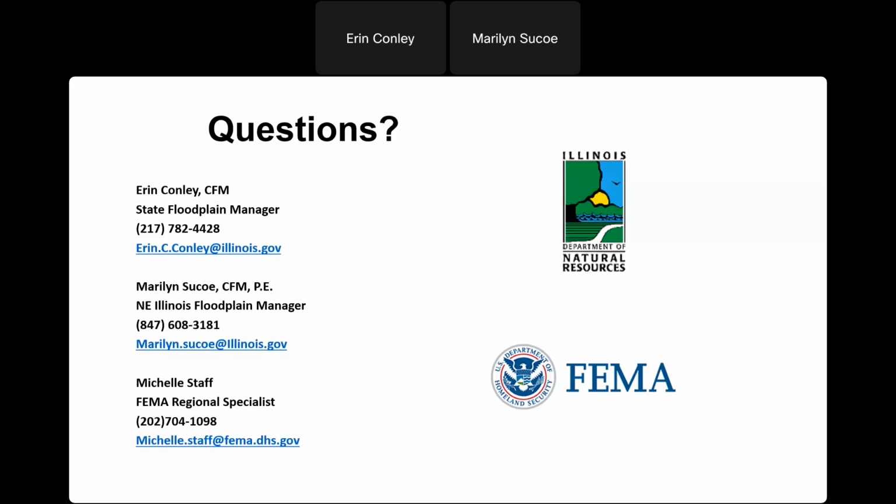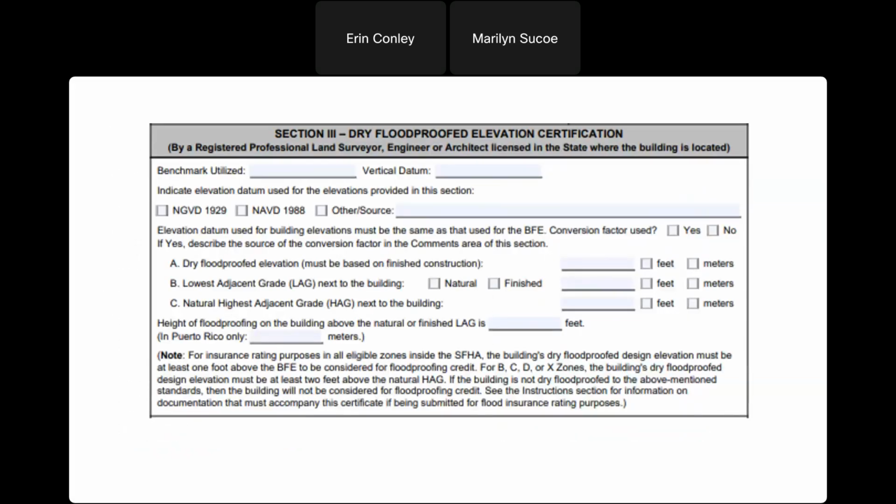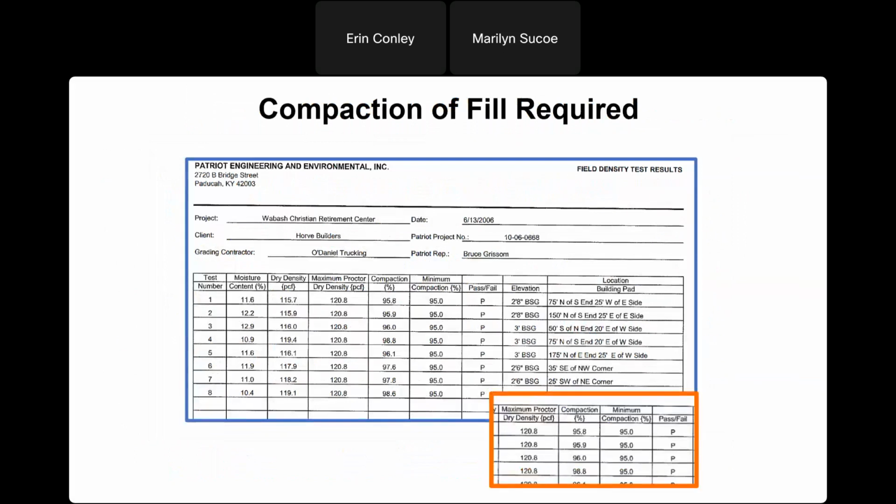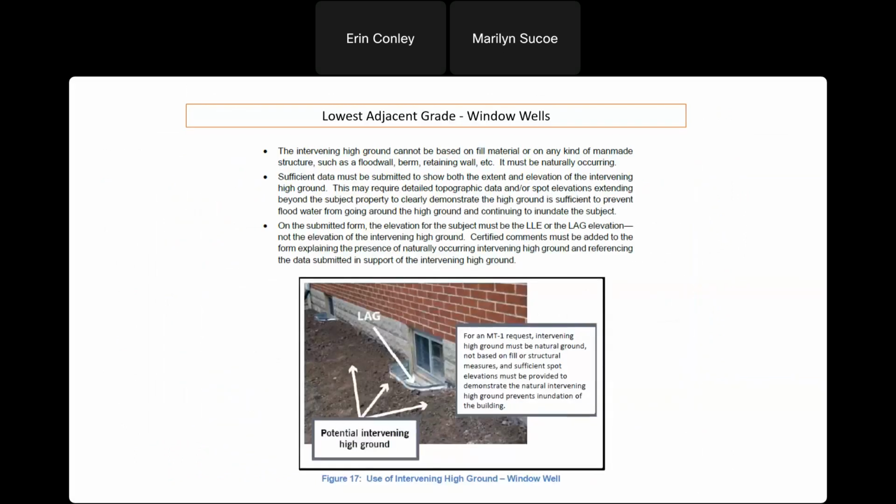We do have a question on window wells. If the window well is monolithically poured, would the lowest adjacent grade be the ground outside the window well? No. You can include pictures of it. The key is knowing or being able to provide some documentation that the ground is intervening high ground. So was that home placed on ground that was already higher than the base flood elevation before they built the home?